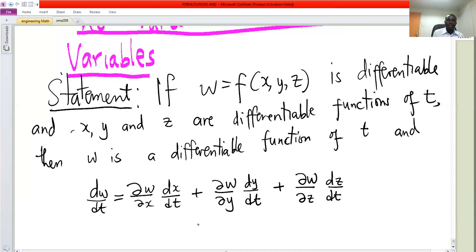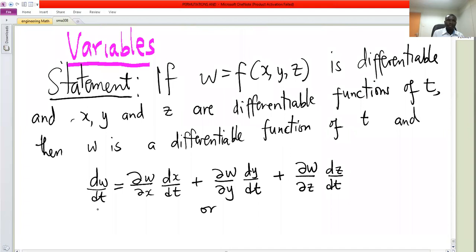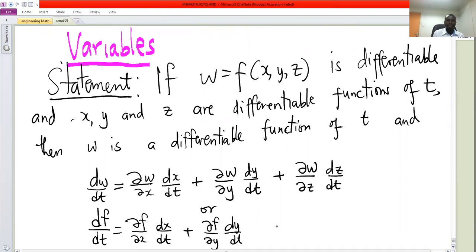Or you can write it, because the function is f, so say df dt equals partial f partial x dx dt plus partial f partial y dy dt plus partial f partial z dz dt.